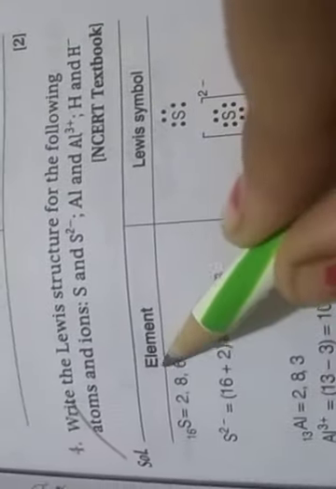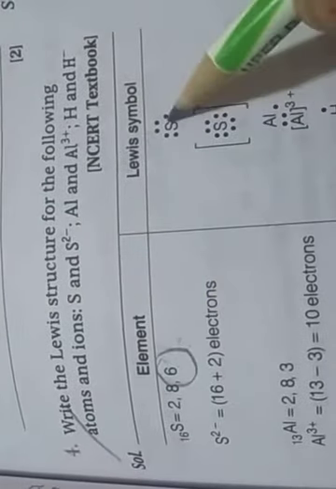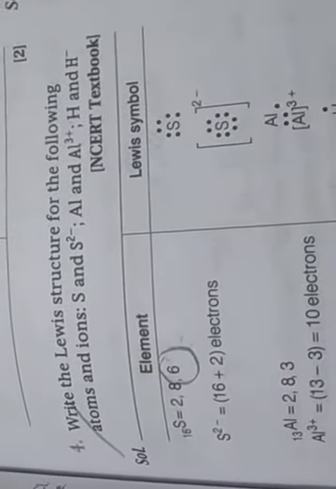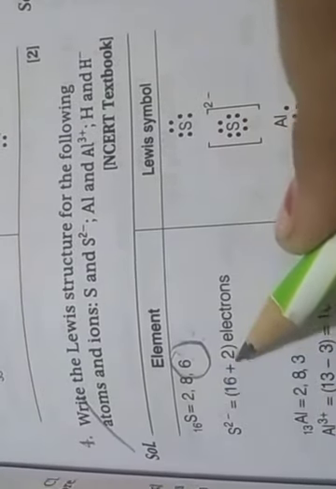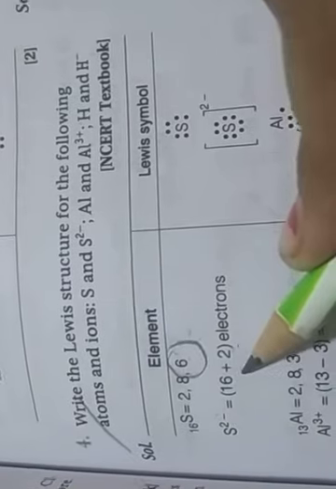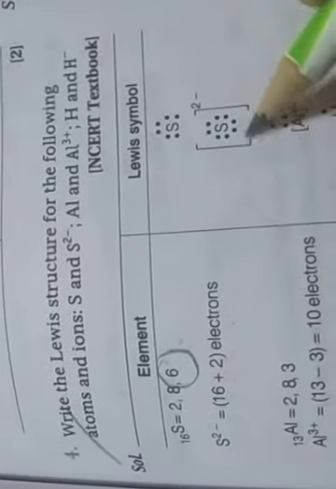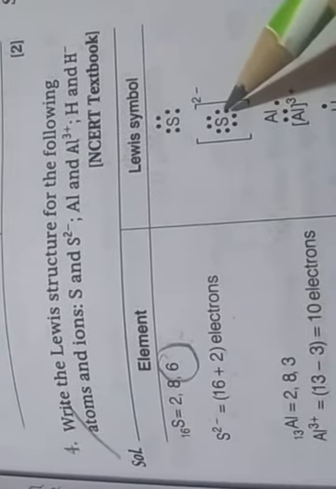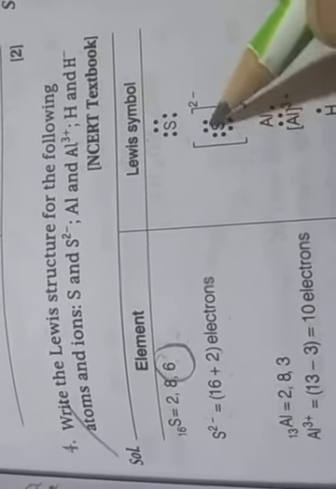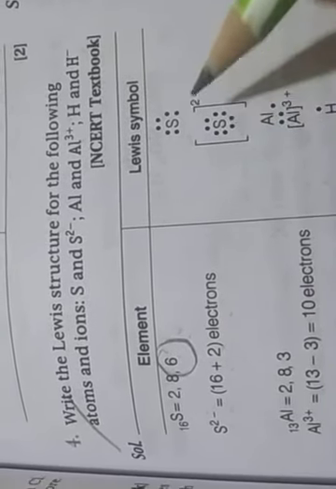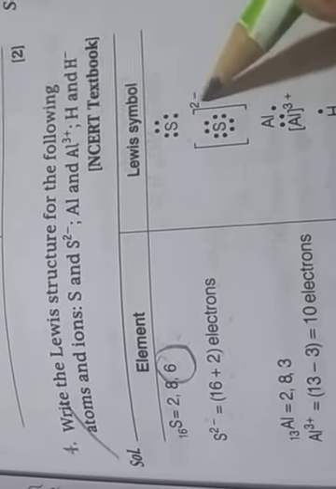Okay, so outer shell valence electrons 6, so the Lewis symbol is 1, 2, 3, 4, 5, 6 dots on the sulfur. This is the Lewis symbol. Then S2 minus, that means gaining 2 electrons, so 16 plus 2 electrons. So we have to write sulfur with 1, 2, 3, 4, 5, 6, 7, 8 electrons, 2 electrons gained, so 2 minus charge on the upper side.